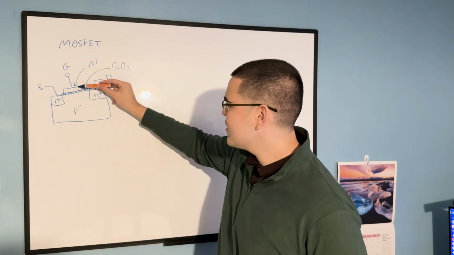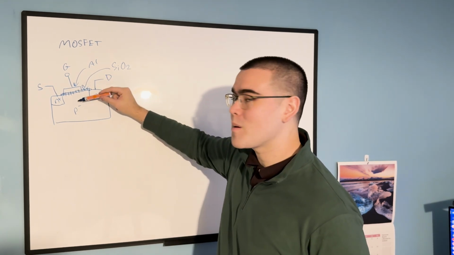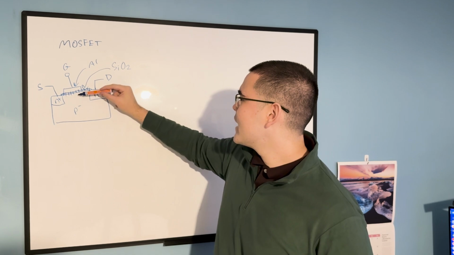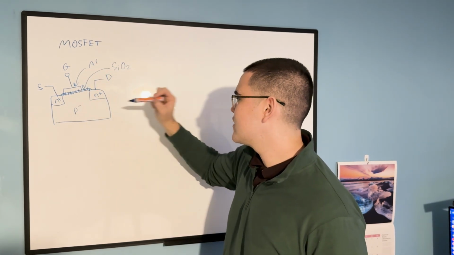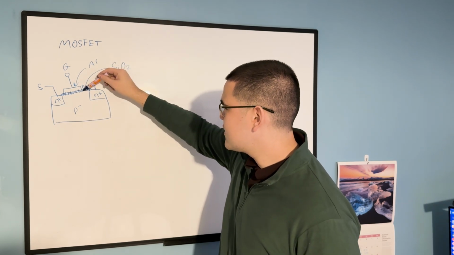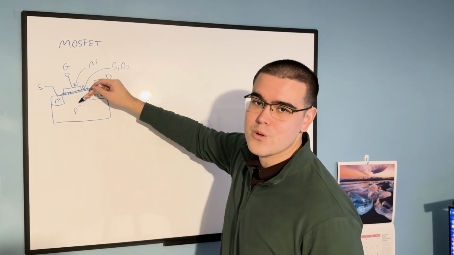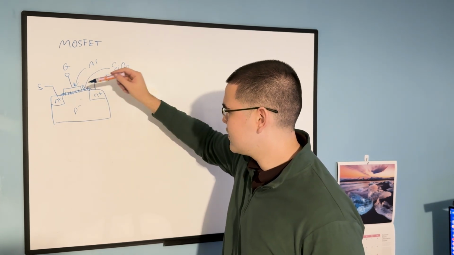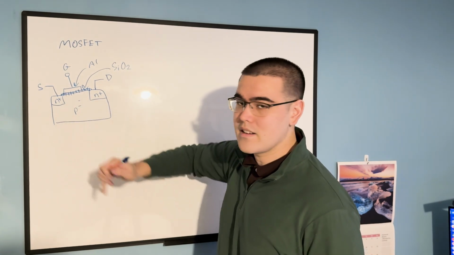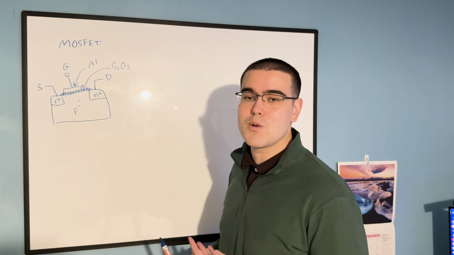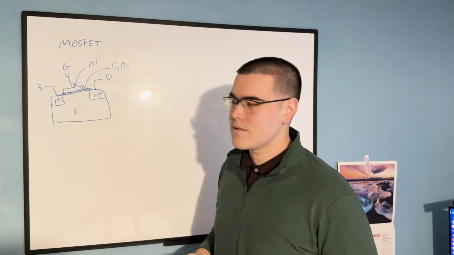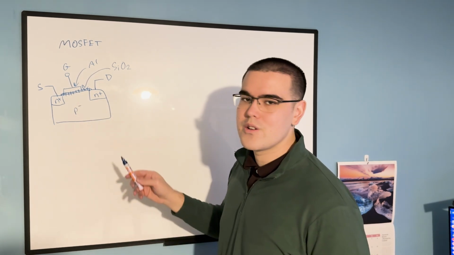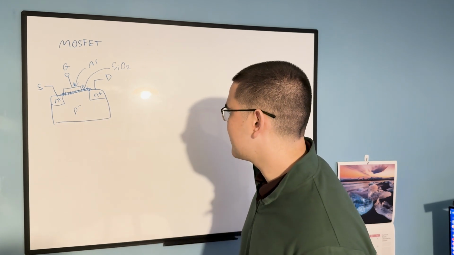We have metal, we have oxide, we have semiconductor, and it works by means of field effect. So when we apply a voltage at this gate, because this is an insulator, it doesn't fully conduct into here. Instead, it attracts and repels carriers by means of the electric field, what's known as the field effect.